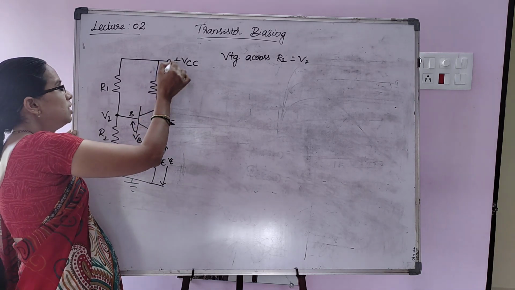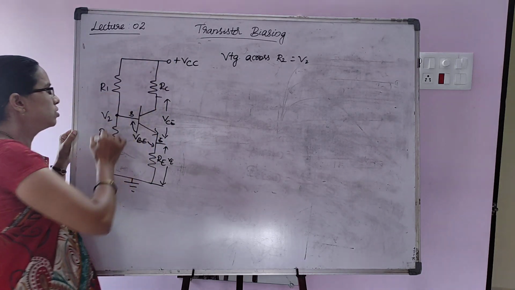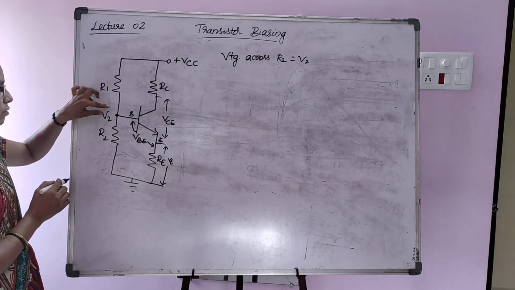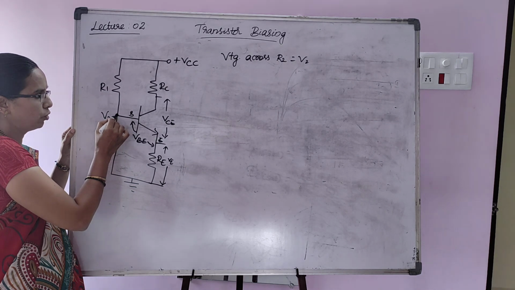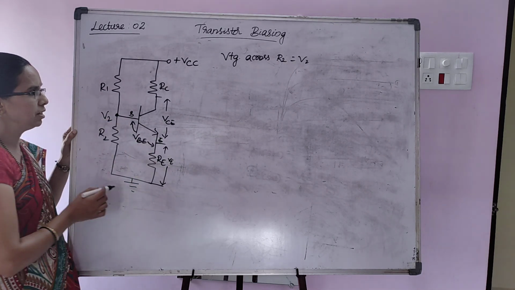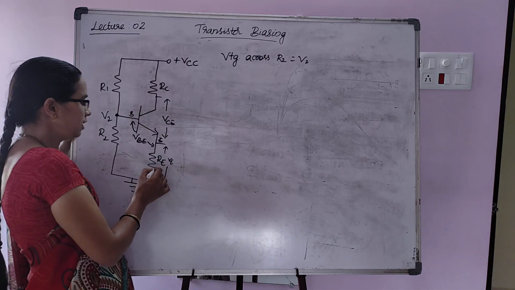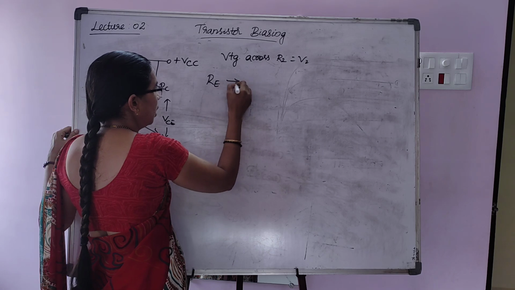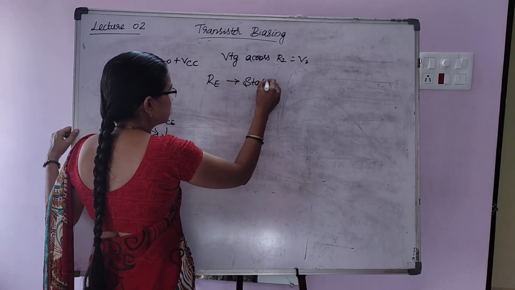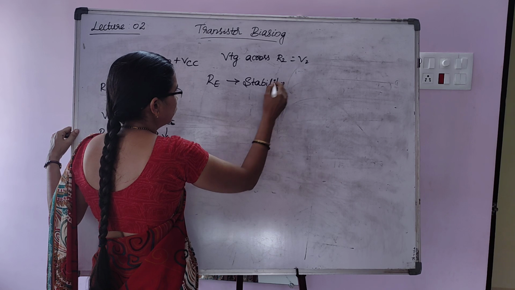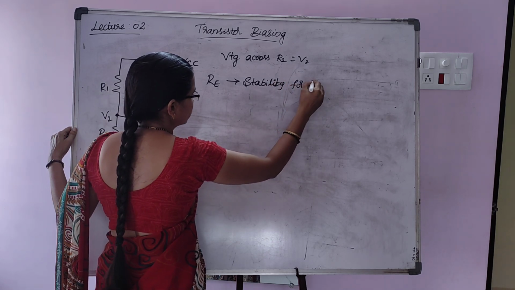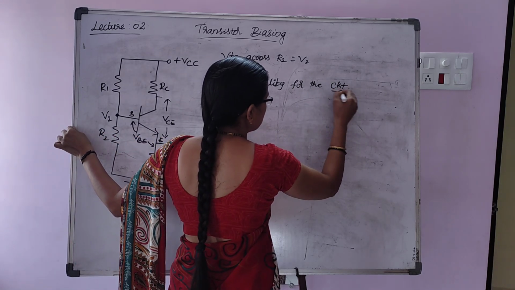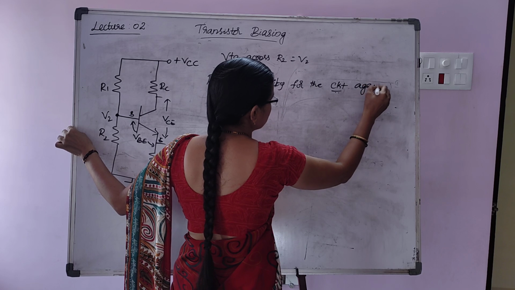VCC is divided among these two. So V2 is the potential at this point which forward biases the emitter base junction, and RE is the resistor which gives stability for the circuit, for the biasing circuit, against temperature.